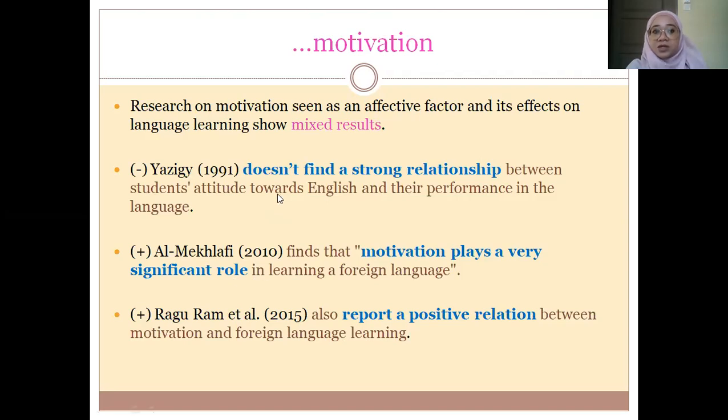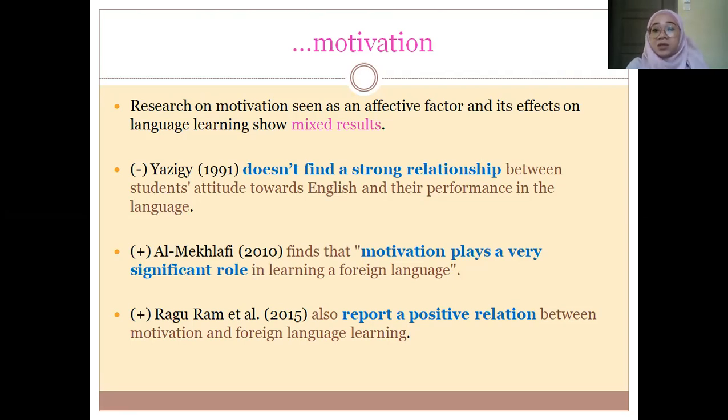Motivation. Research on motivation seen as an affective filter and its effects on language learning show mixed results. We have the negative results from Yagisi in 1991, which doesn't find a strong relationship between students' attitude towards English and their performance in the language, whereas Al-McLaughlin and Raghuram share their positive views about motivation.